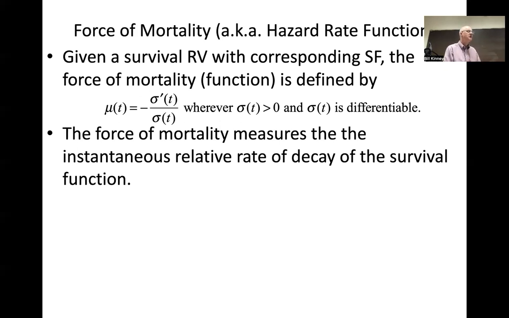Instantaneous rate of change is a derivative, right? The derivative tells you the instantaneous rate of change of a function, the slope of a tangent line. If I was after the instantaneous rate of decay for a decreasing function, I'd put a negative sign in front of that derivative because I'm using the word decay instead of change.